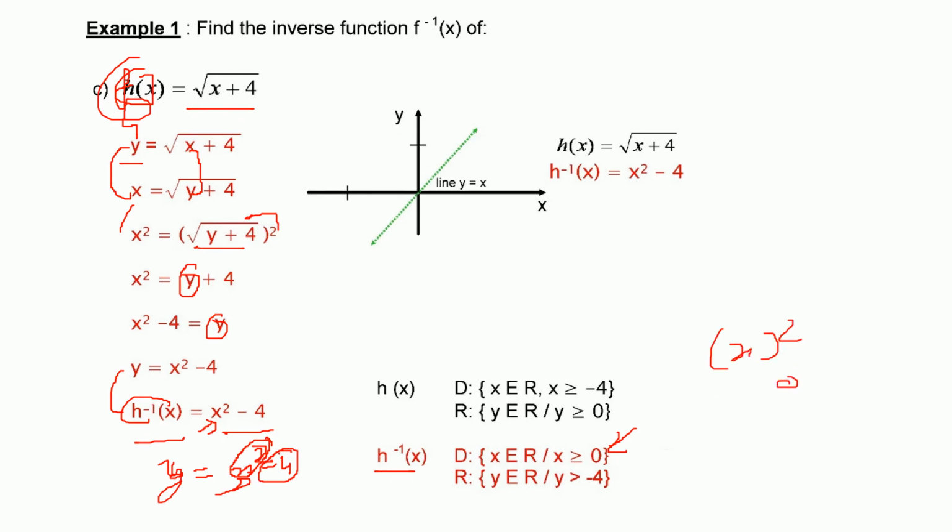So this is minus 4, so y is greater than or equal to minus 4. And if you take the actual function, x has to be greater than or equal to minus 4, because under root of a negative is not defined. And when you put any value, the under root value will be always greater than or equal to 0, so the range will be greater than or equal to 0 for y. So this is how it is done.